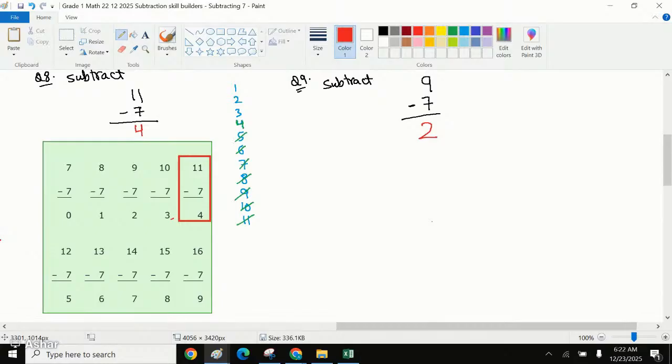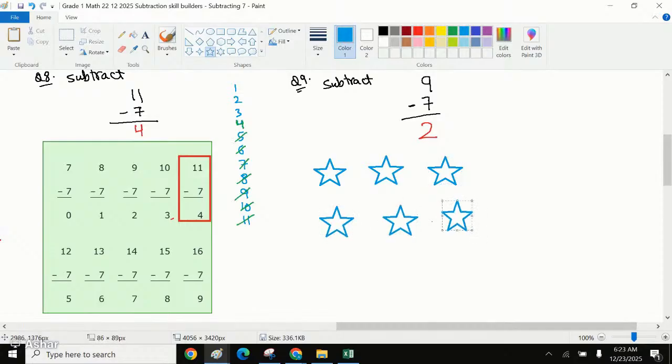So how we can confirm this is, let's suppose we have some stars, right? Let's pick up a star and let's see. 1, 2, 3, 4, 5, 6, 7, 8, and 9, right? So let's see what we need to remove.